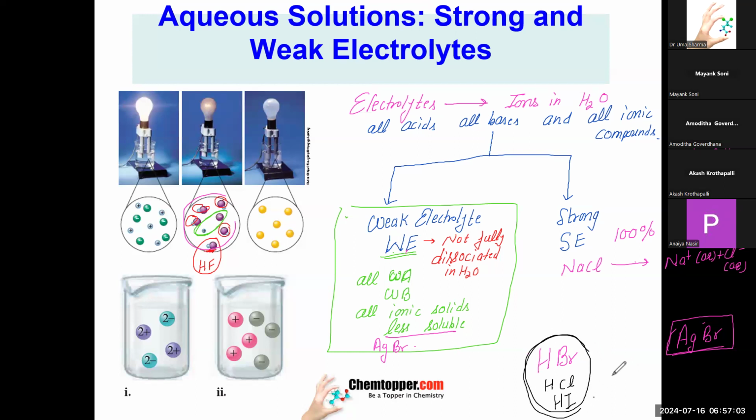Strong acid means, what is the meaning of strong acid? That they are 100% dissociated. And they are strong electrolytes. Good. Please understand this word, 100% dissociated. Strong electrolytes. So these falls in this category.